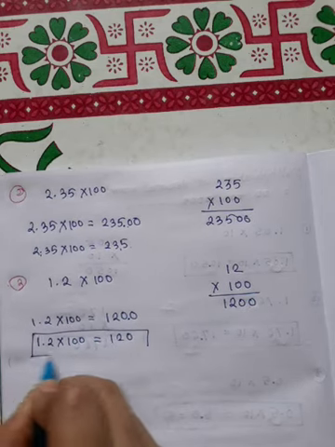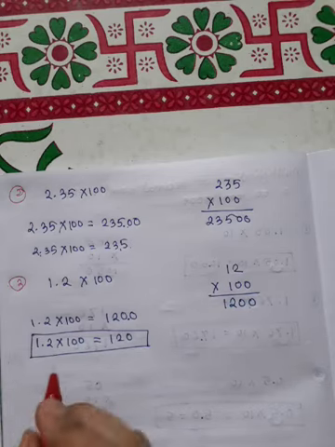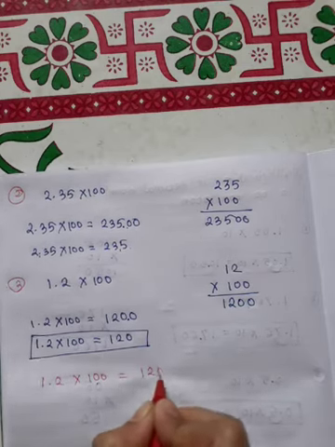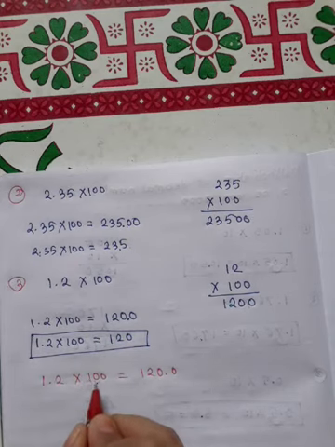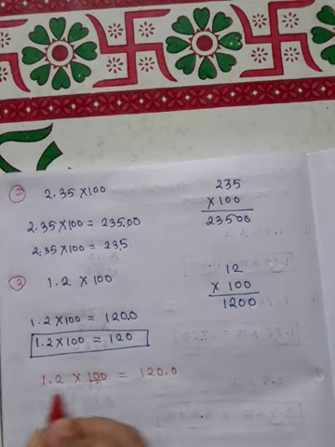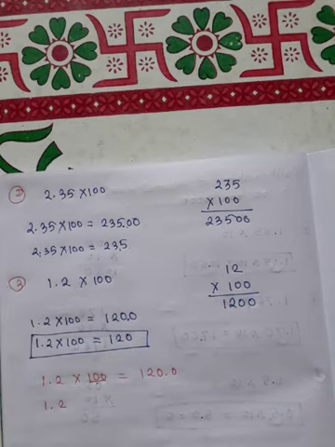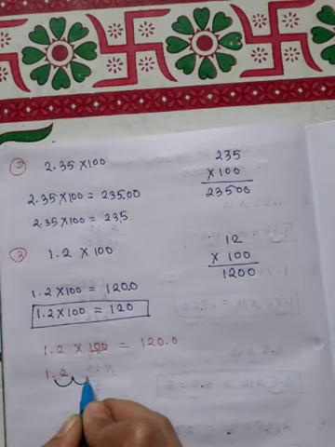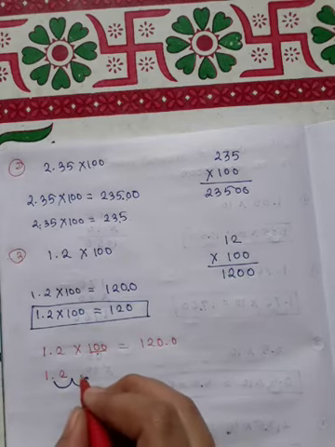Now notice one more thing here, that 1.2 into 100 is equal to 120.0. See, when we multiply a number by 100, there are two zeros, therefore the point is shifted to the right by 2 units, 1 and 2. So here there is no digit.